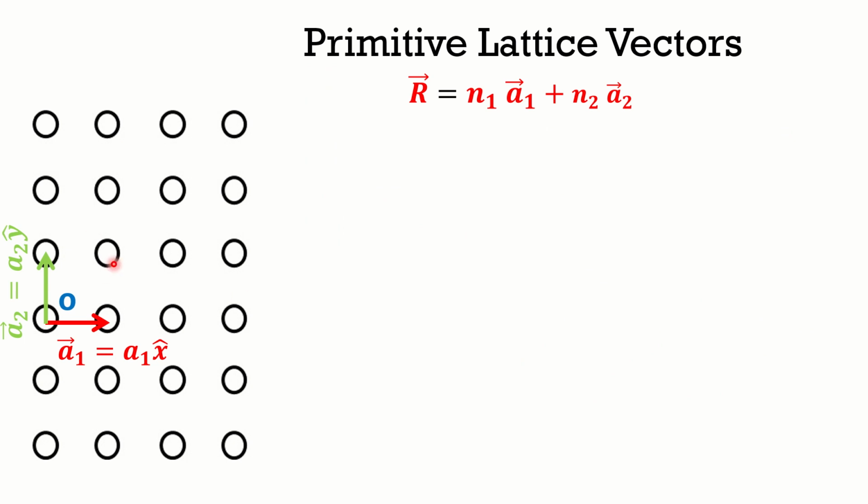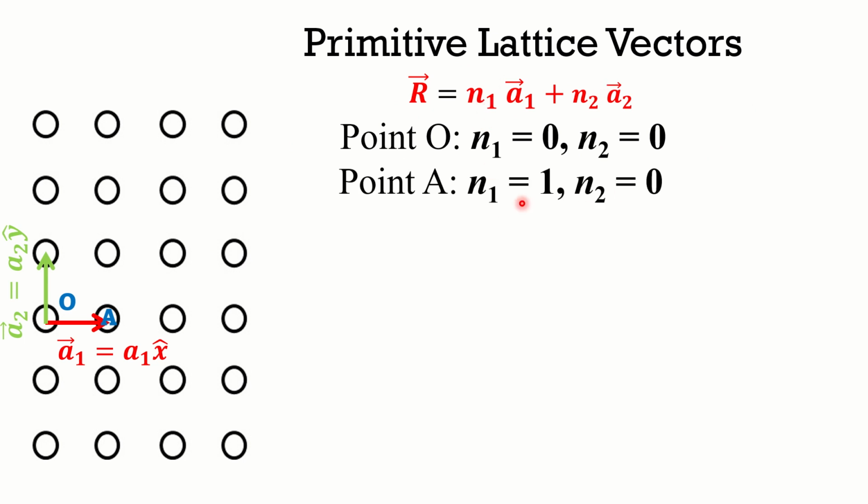So let us consider this 2D lattice. For a 2D lattice, as I said, all the lattice points can be defined by this r. For example, to represent this point O, which is at the origin, I can set n1 equal to 0 and n2 equal to 0. For point A, to represent A with this r vector, I should have n1 equal to 1 and n2 equal to 0.